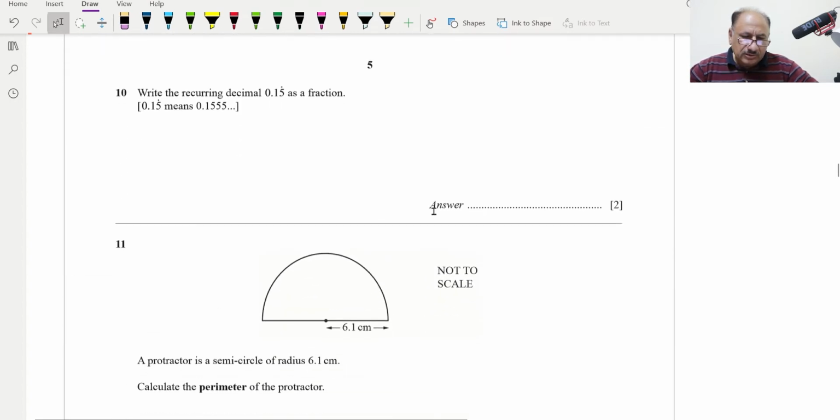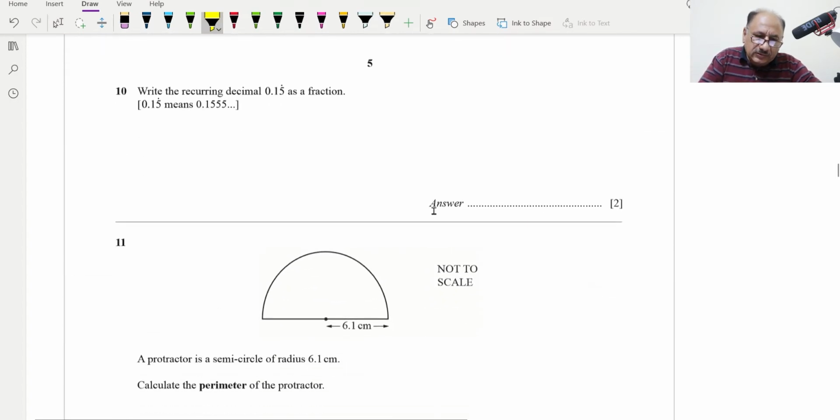Now question number 10, they are saying that this is a recurring decimal and we have to write it in fraction format. So we can write x is equal to 0.1555, we can write recurring like this.